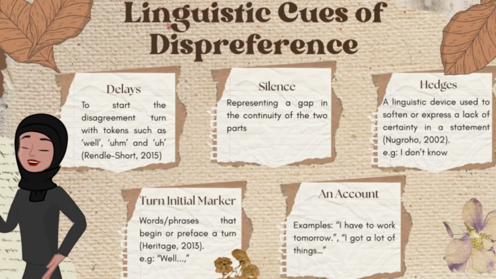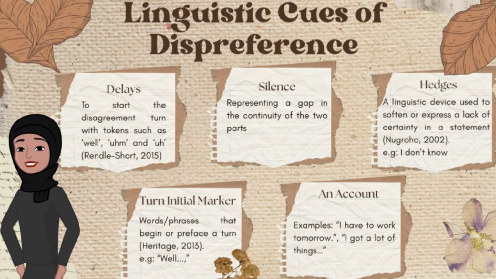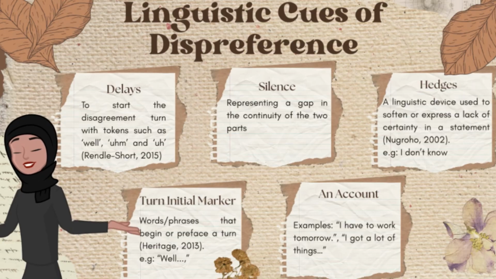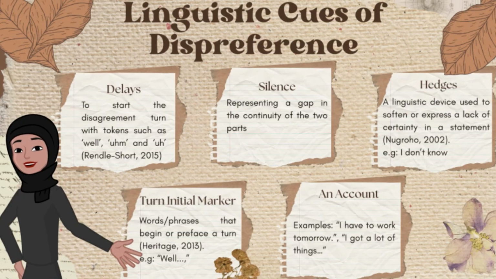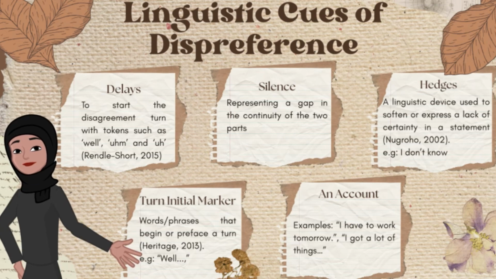For example, I don't know. The fourth one is turn initial marker, which is words or phrases that begin or preface a turn, such as well. And finally, we have an account, which is basically a retelling of what happened. Examples are, I have to go work tomorrow, and I got a lot of things.